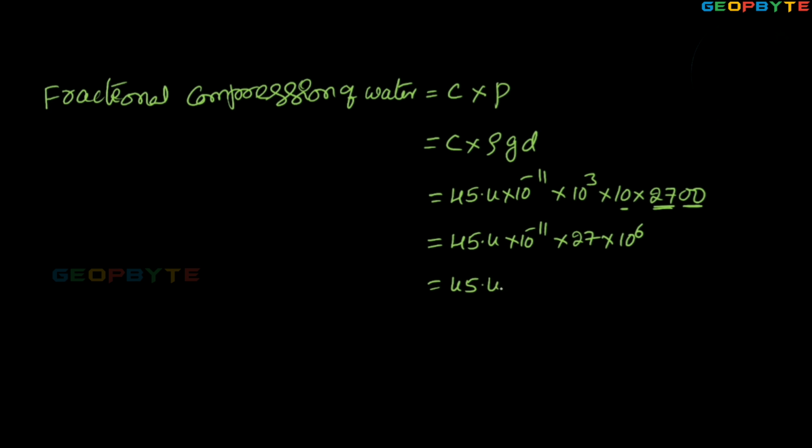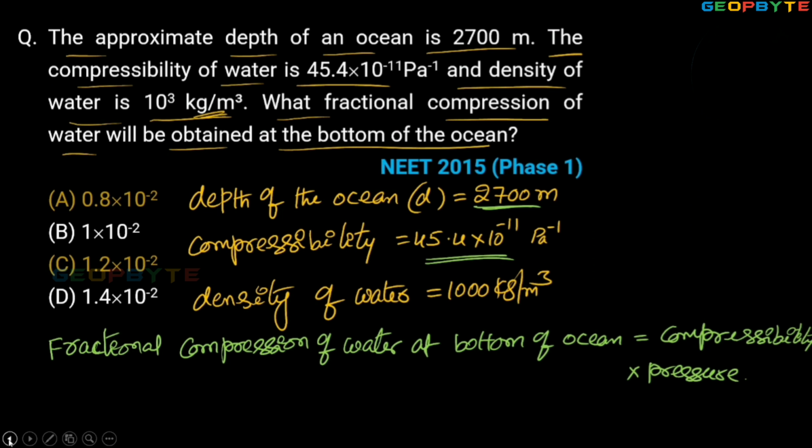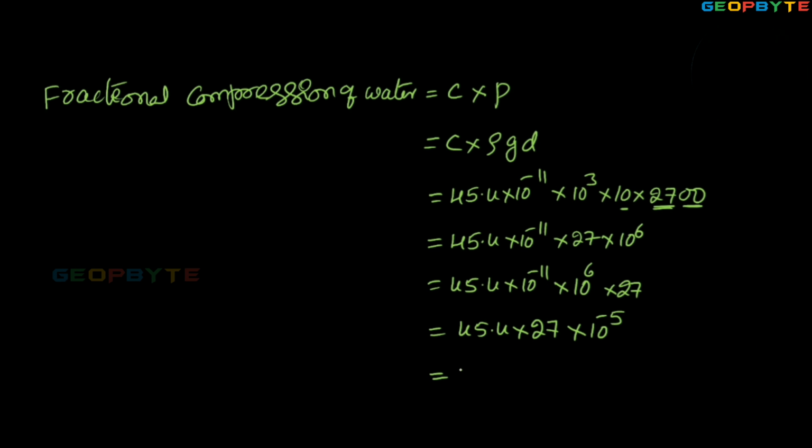So 45.4 into 10 power minus 11 into 10 power 6 into 27. It is 45.4 into 27 into 10 power minus 5. You simplify this value to get approximately 1.2 into 10 power minus 2.